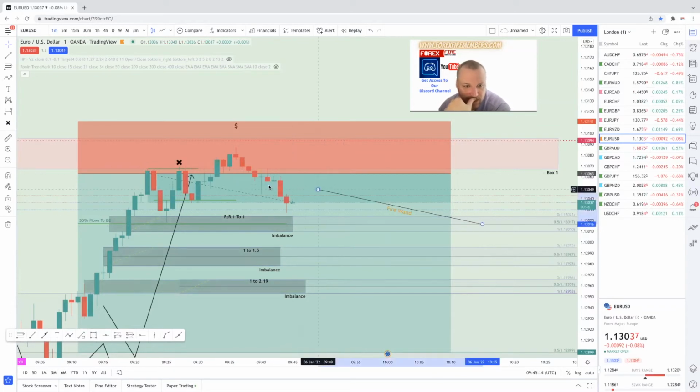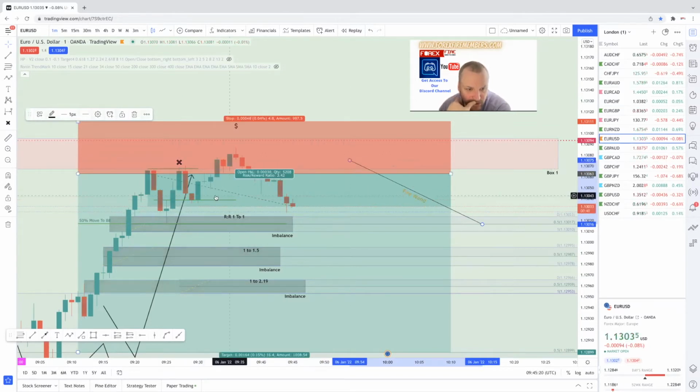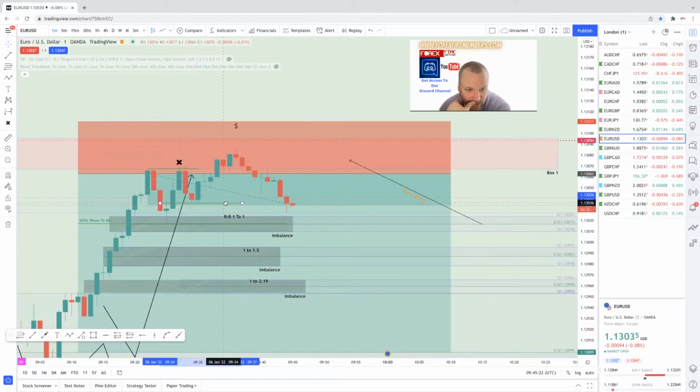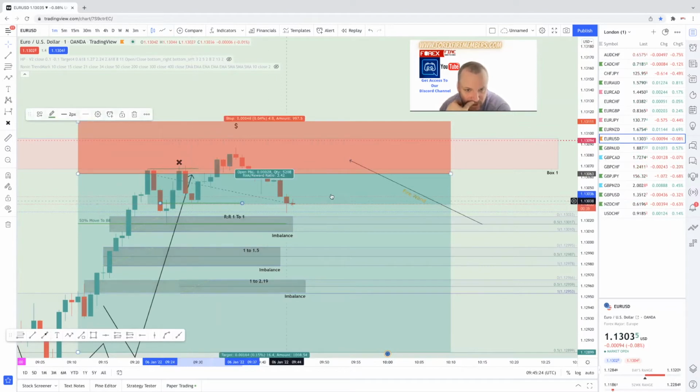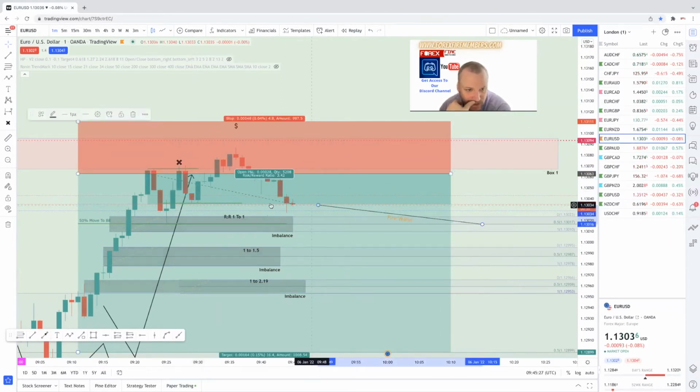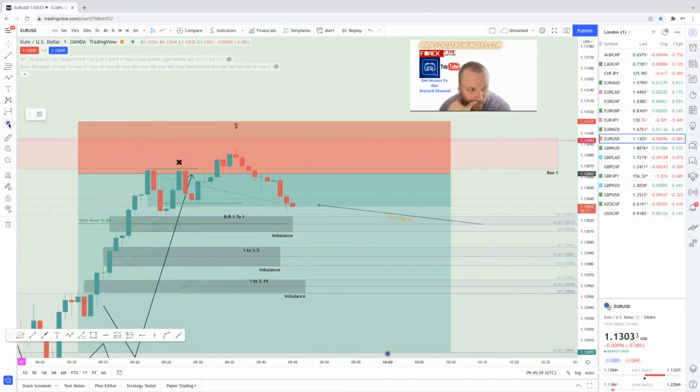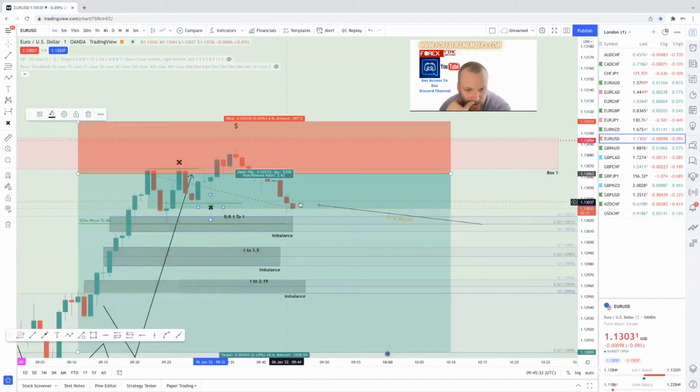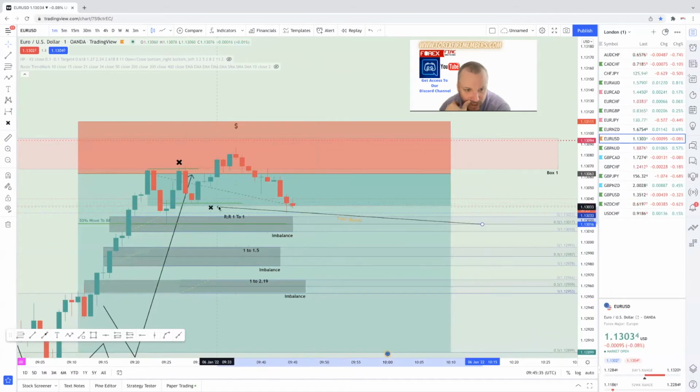See, so now, as when we came up, we broke the structure here on the higher side, okay? You can see there was liquidity residing just on there, okay? Now the liquidity's been taken out on there, okay?